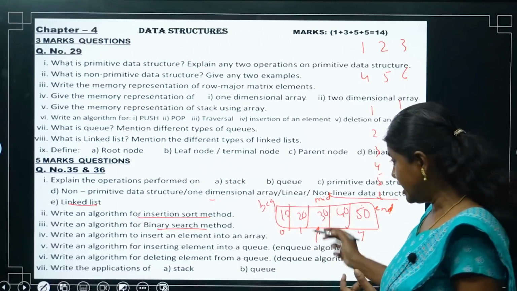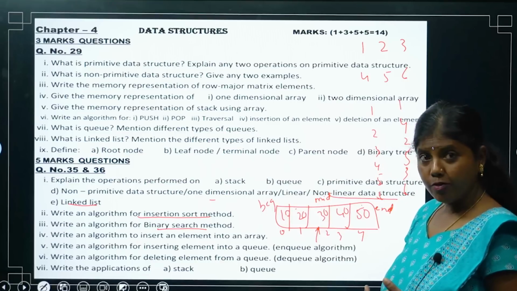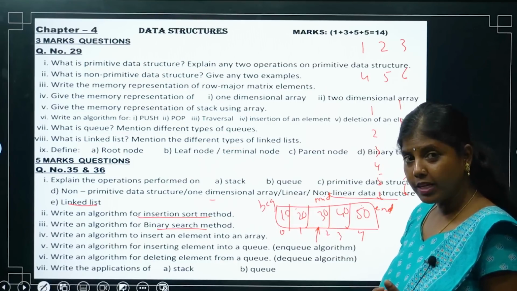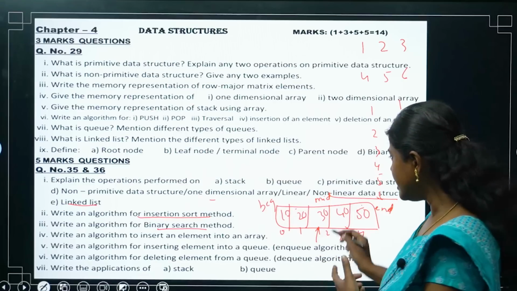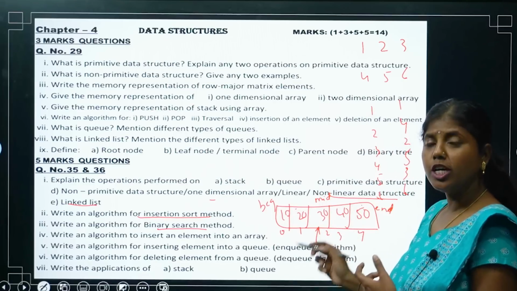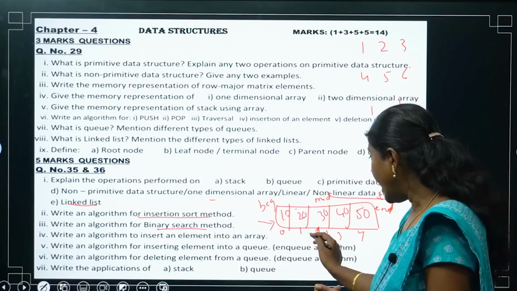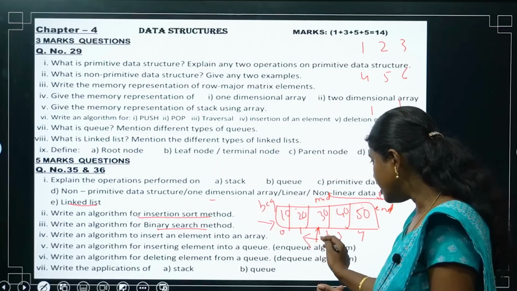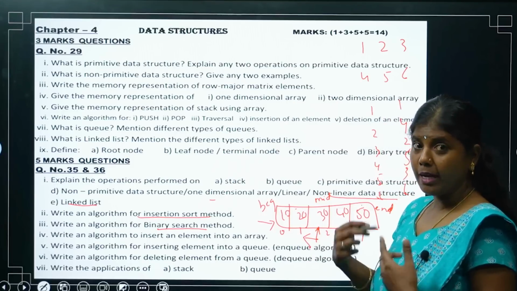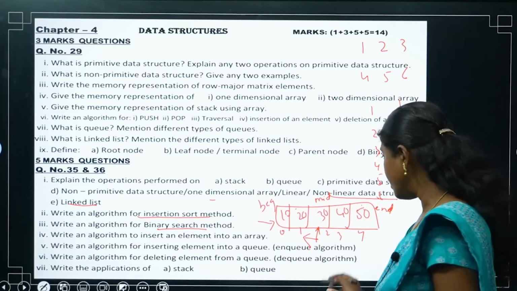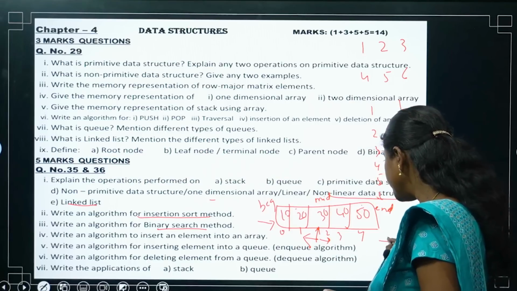If the element you have to search is 20, then find out the mid value. Mid value is beginning plus n by 2. If the element is less than a of mid, you refix the boundary from beginning to end, where end will be mid minus 1. If the element is greater than a of mid, I change my beginning and search from here to here.